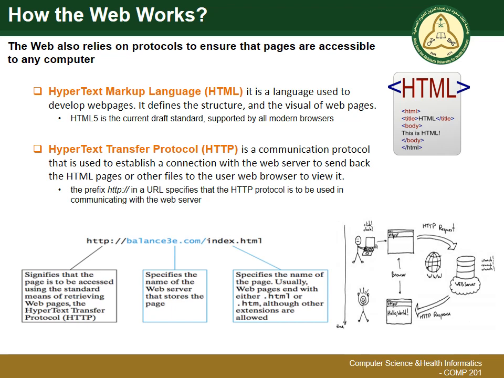What is HTML? HTML is a language used to develop web pages. It designs the structure and the visuals of the web page. The designer using this language can create web pages by placing tags and special symbols within the text document to format the included text, and they can also incorporate links, images, or other media to create the page.